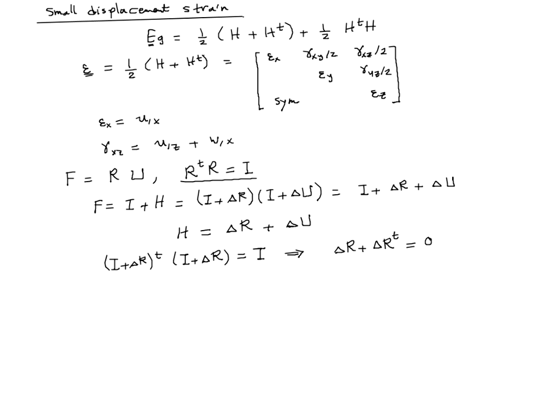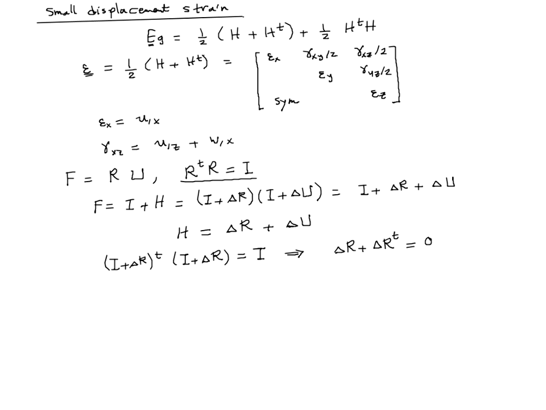and as such, H equals delta R plus delta U means that delta R is the skew-symmetric part of the displacement gradient, and delta U is the symmetric part of the displacement gradient, which makes sense because then delta U becomes equal to our small strain tensor epsilon, which is what one would expect.